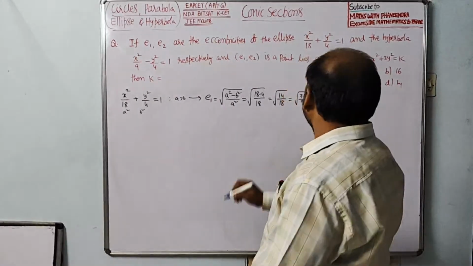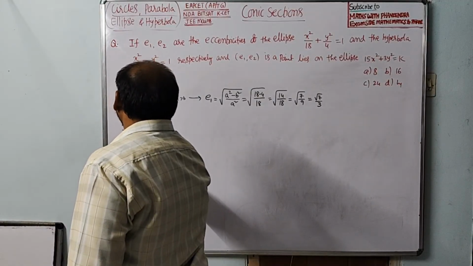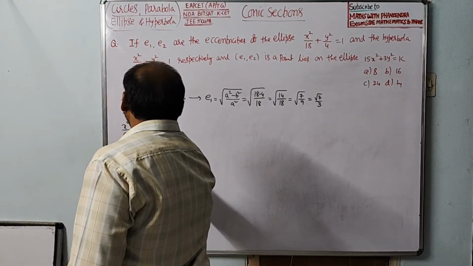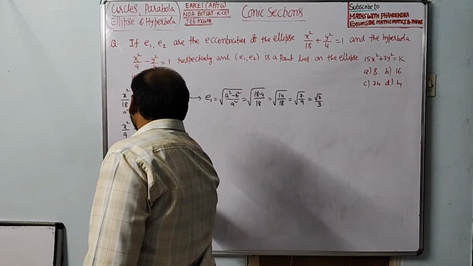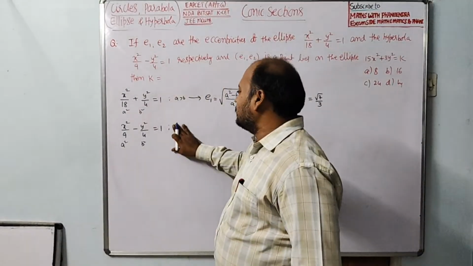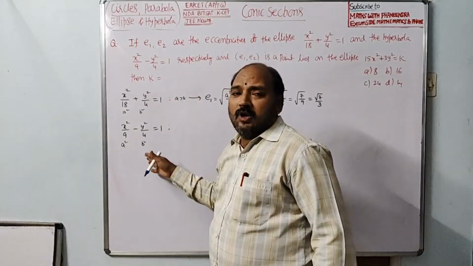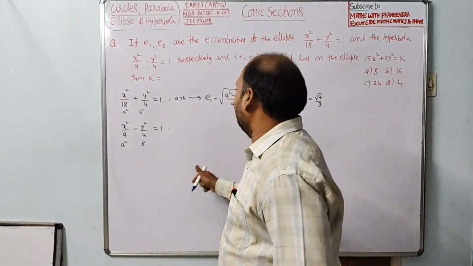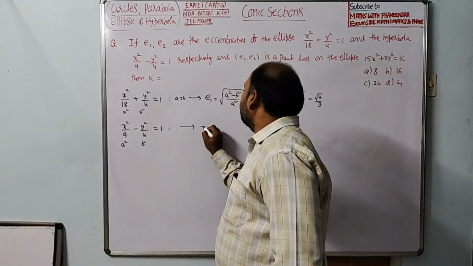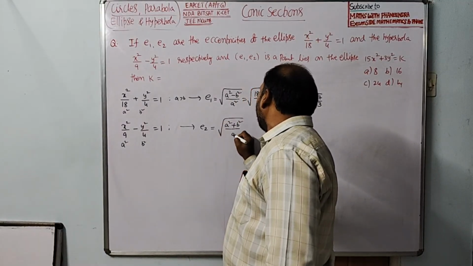e1 value, we got it. Similarly, x squared by 9 minus y squared by 4 equal to 1. This is a square, this is b square. Here it is a hyperbola, not a conjugate hyperbola. So for this, eccentricity e2 is root over (a square plus b square) by a square.